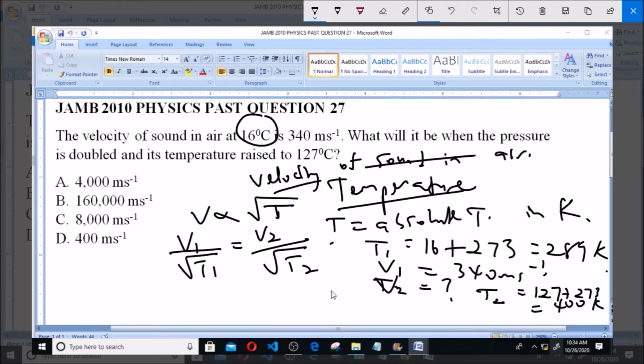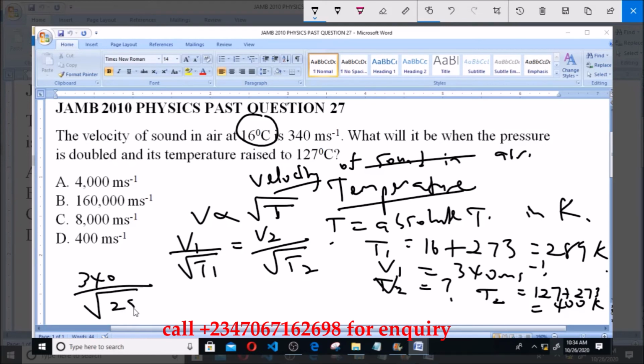Now let's substitute these values into the equation. V1 is 340 meters per second over root T1, which is 289, is equal to V2, which is unknown, over root T2, which is root 400.